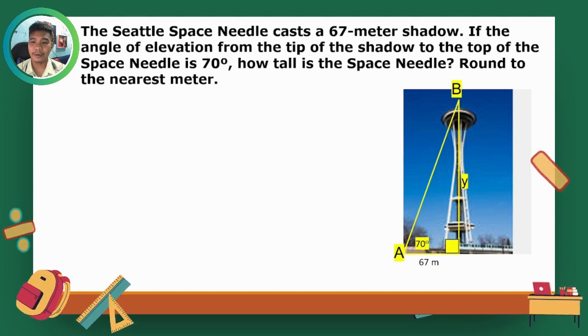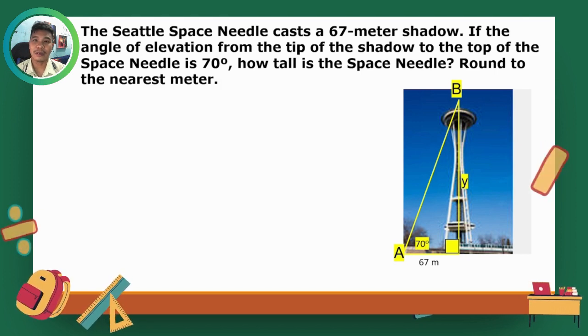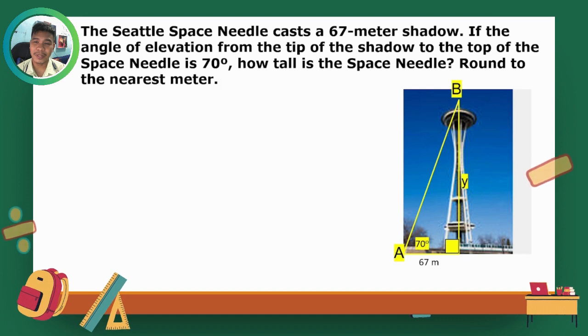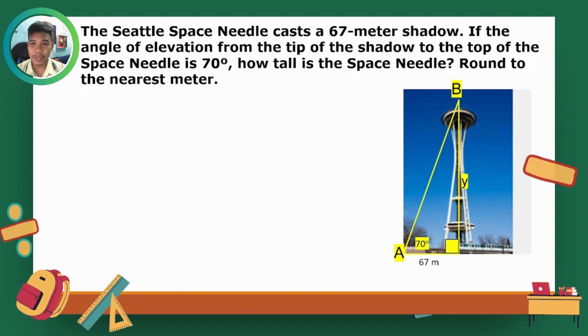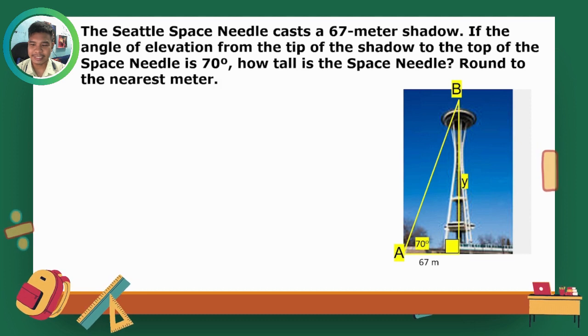If we are dealing with the adjacent side and the opposite side, what do you think is the particular trigonometric function we're going to use to solve this problem? Very good. We're going to use the tangent, because tangent is equal to opposite over the adjacent side.